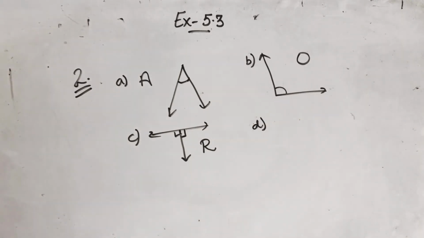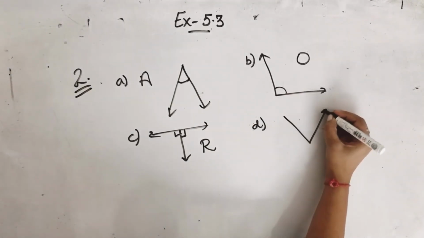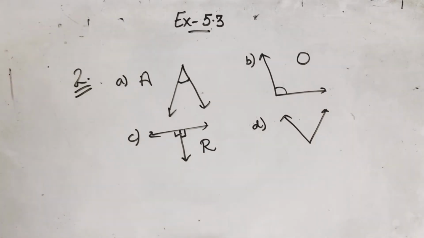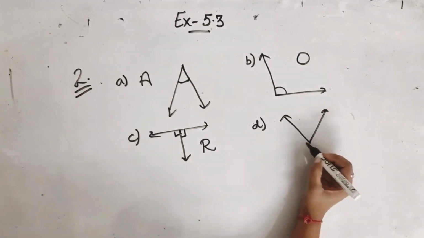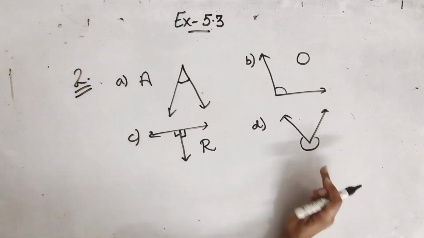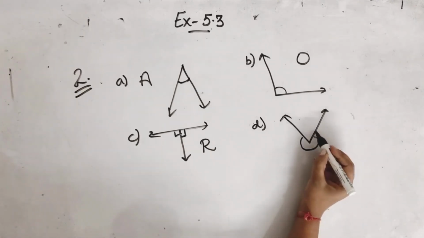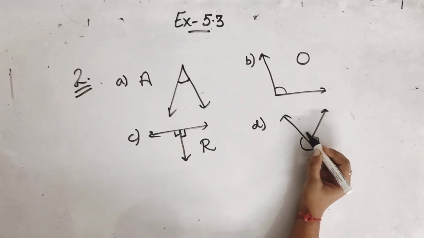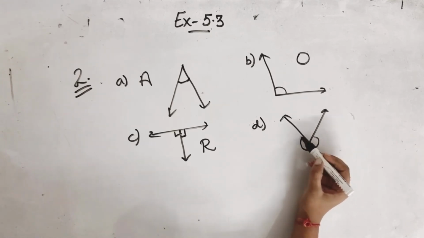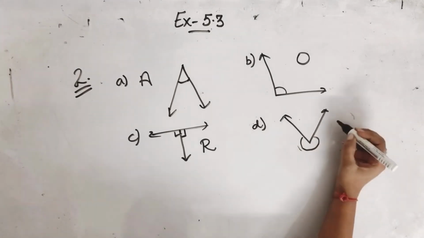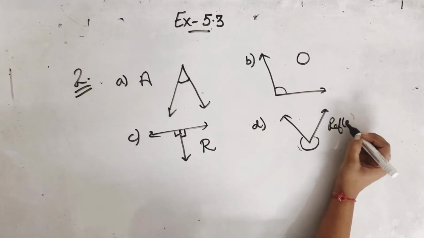D part. Now in this question they have given this angle. You have to find this angle. If we had to find this angle, then it would be acute, but you have to find this one, and this one is reflex angle.